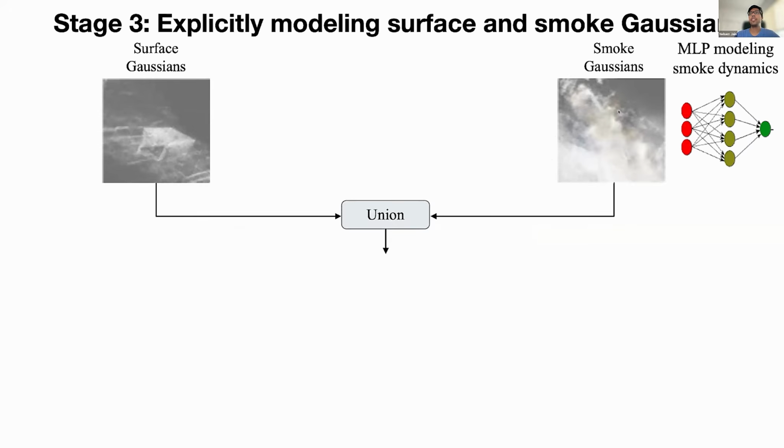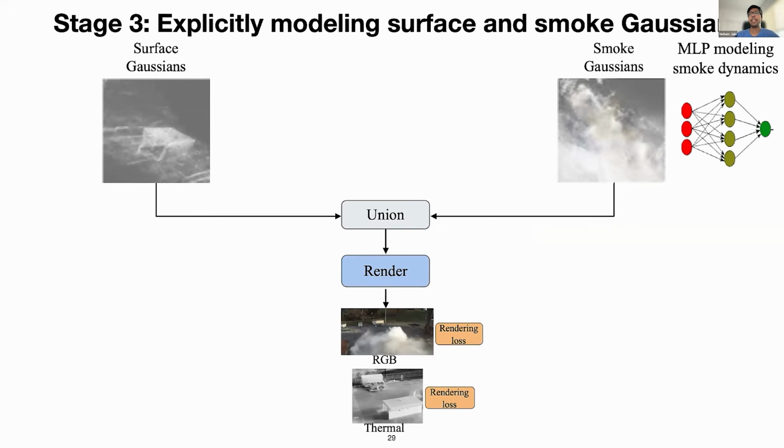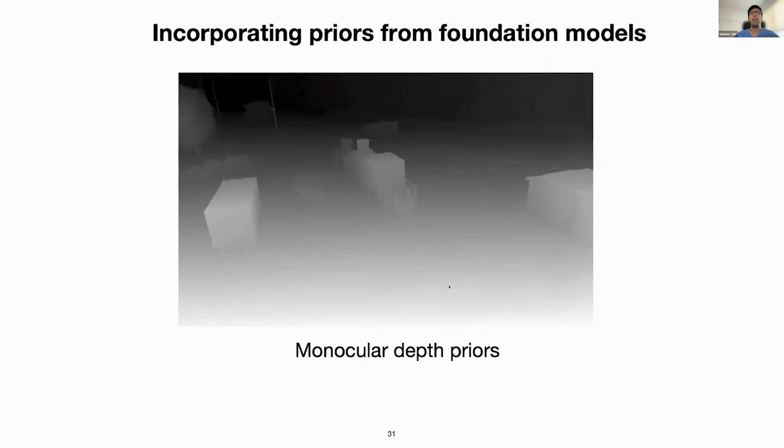We know that when we render out the union of these two sets, we have the observations already. So we can use a rendering loss to backpropagate onto the weights of the properties of the surface and smoke Gaussians.